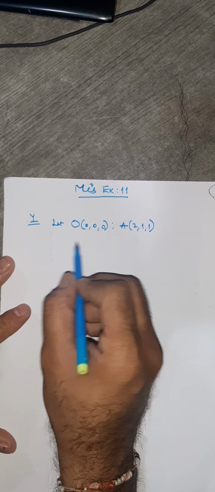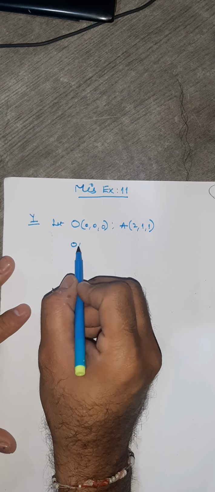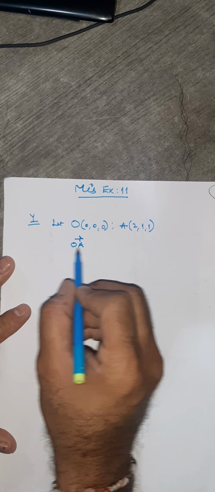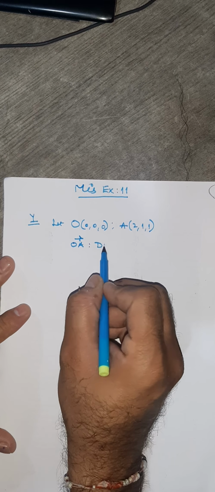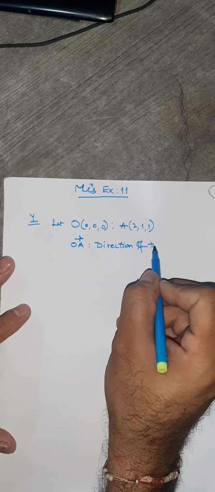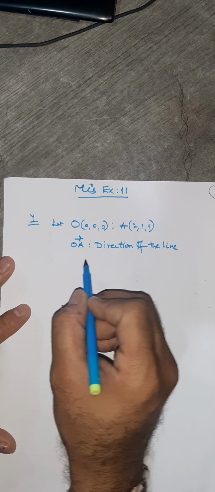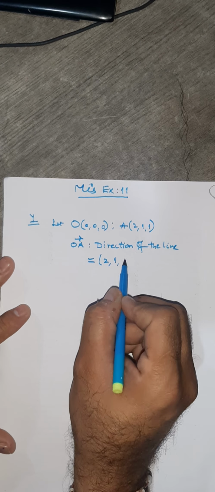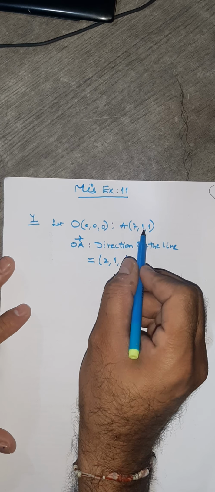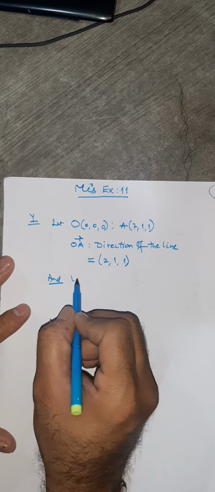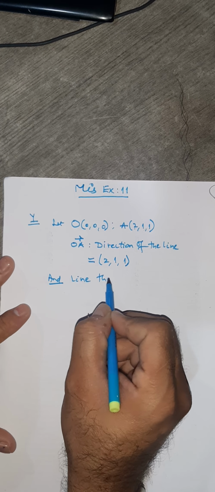So the direction of the line OA is given by this minus this, which is (2, 1, 1): 2 minus 0, 1 minus 0, 1 minus 0.